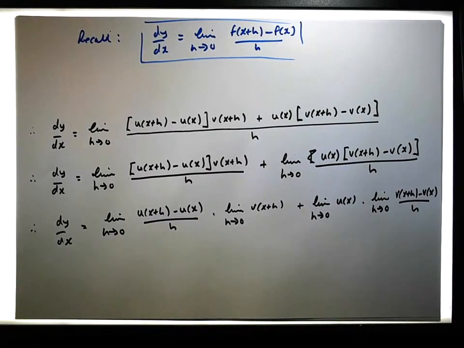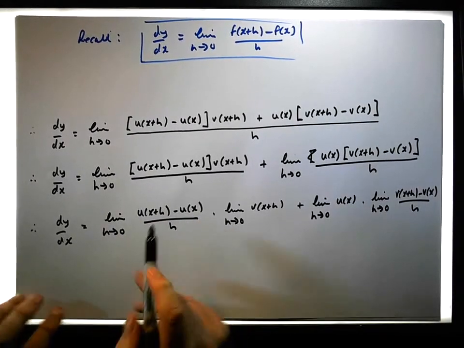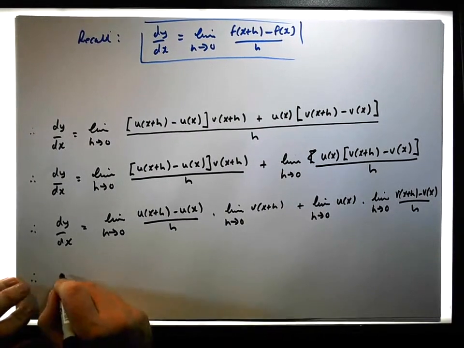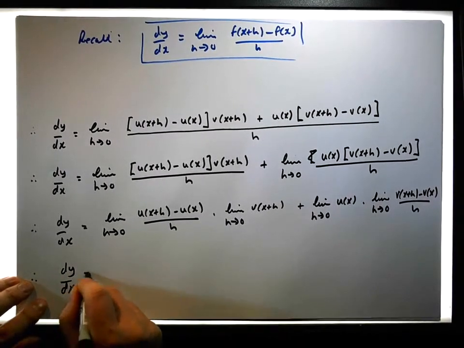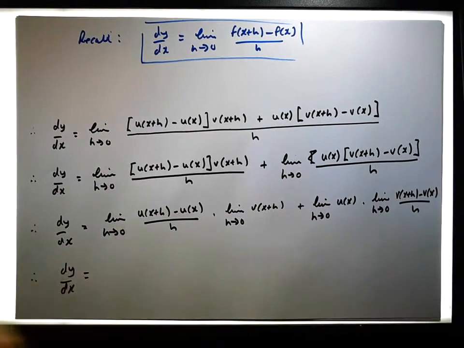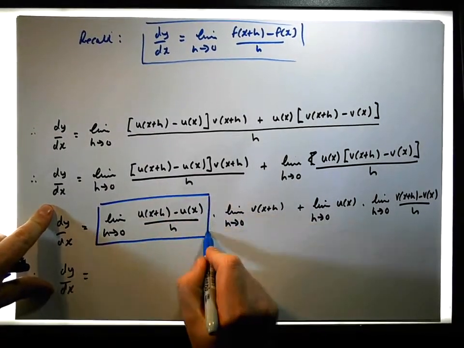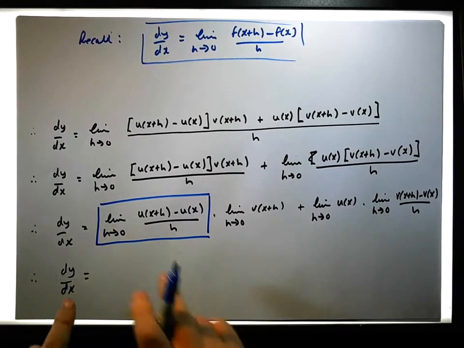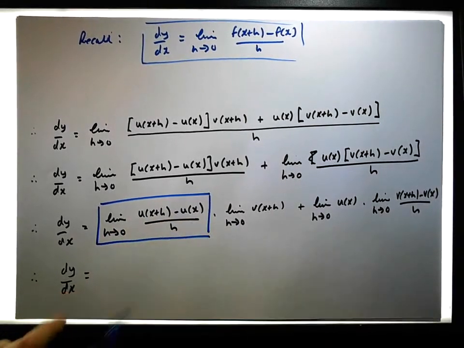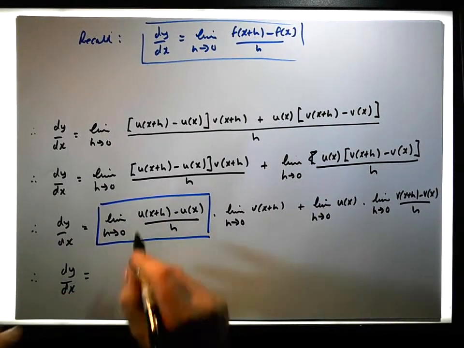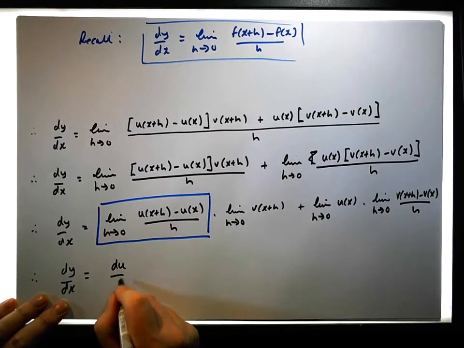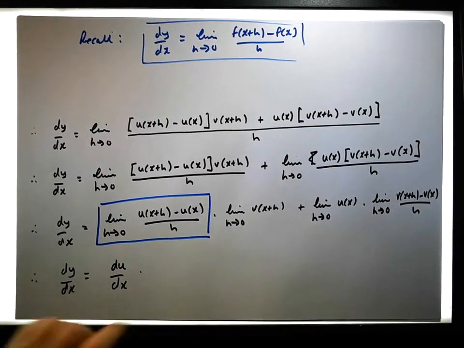Effectively this is the derivative of u, by definition, with respect to x. So this becomes du dx times.